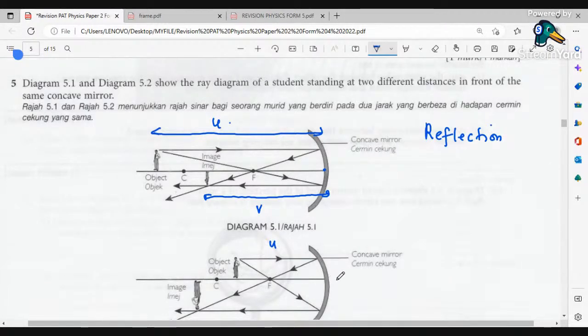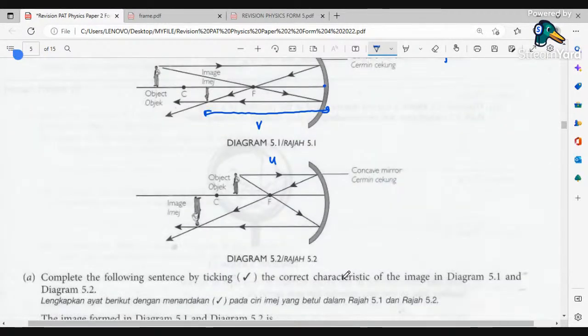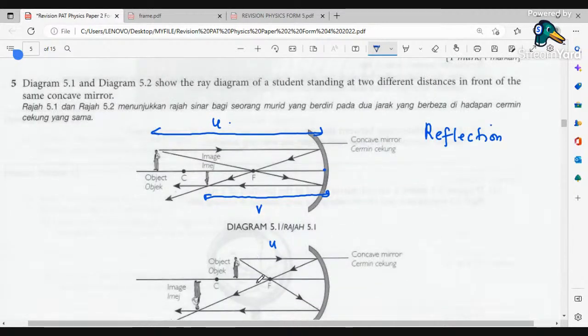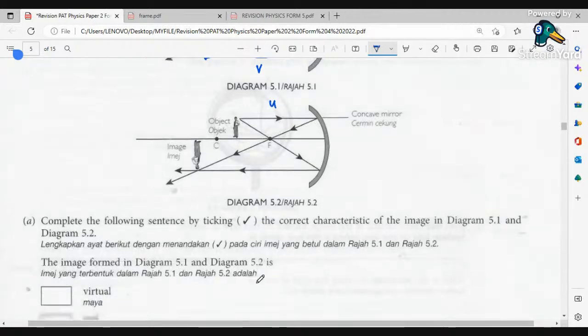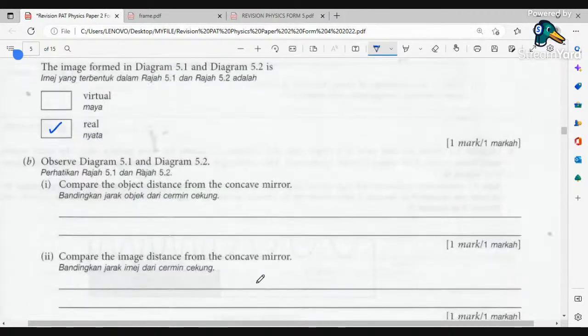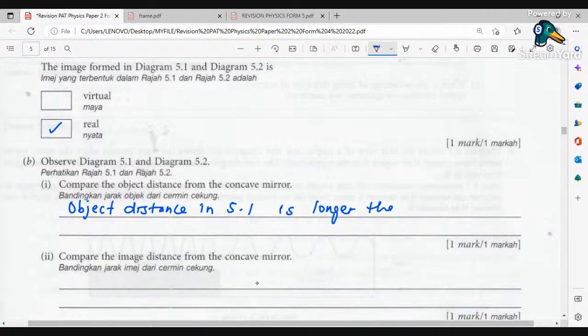So means object distance in diagram 5.1 is longer than in 5.2. Let's say I start with 5.1. Object distance in 5.1 is longer than in 5.2.